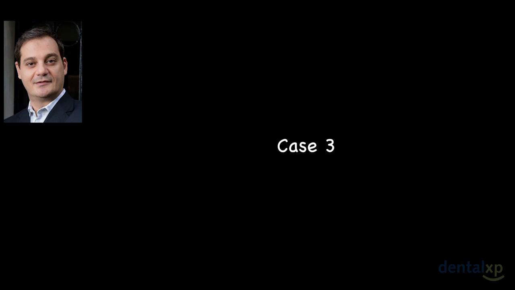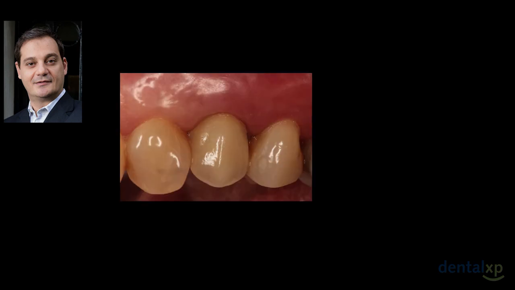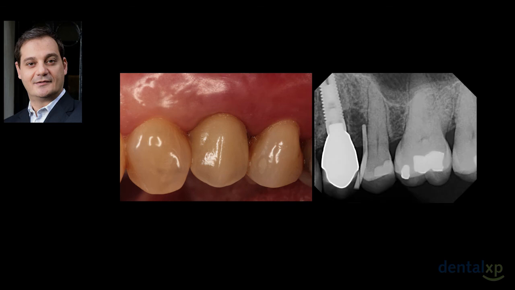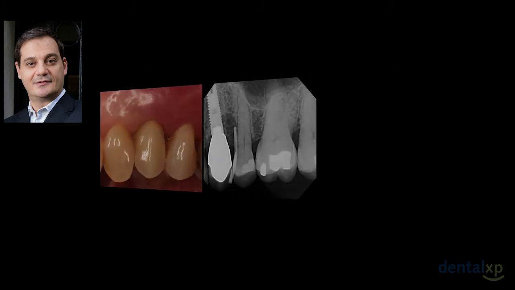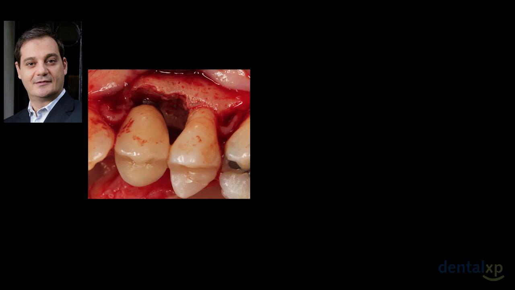Case number 3, here we had the patient presented on their maintenance visit. You can see an edema on the soft tissue and some suppuration. So we tracked the defect. You can see it very vividly here that it was a circumferential defect. We opened the flap.